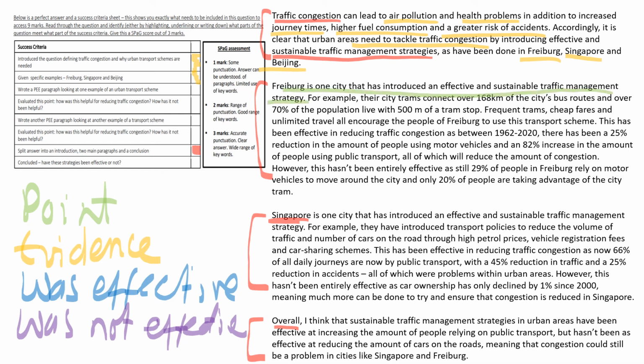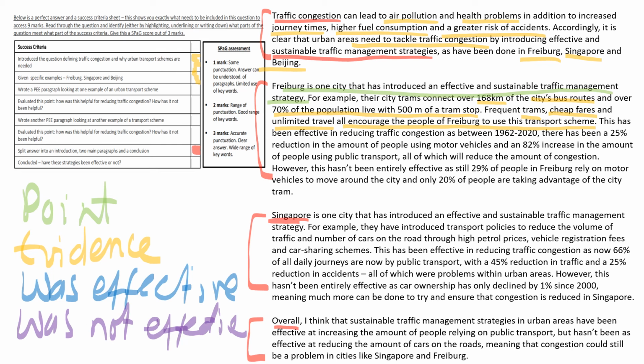So where's my evidence then to back this up? For example, their city trams connect over 168 kilometres of the city's bus routes, and over 70% of their population live within 500 metres of a tram stop. Frequent trams, cheap fares, and unlimited travel all encourage the people of Freiburg to use the transport scheme. So I'm using lots of case study knowledge to talk about what this transport scheme is.